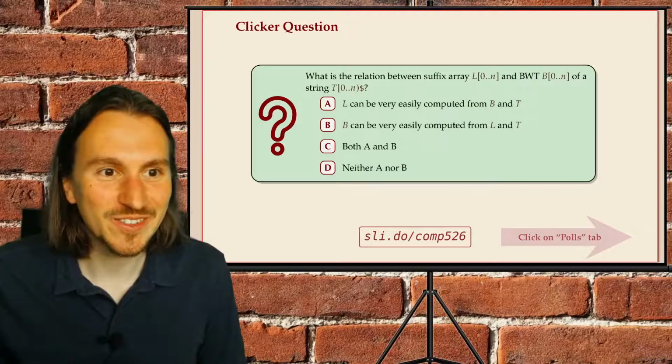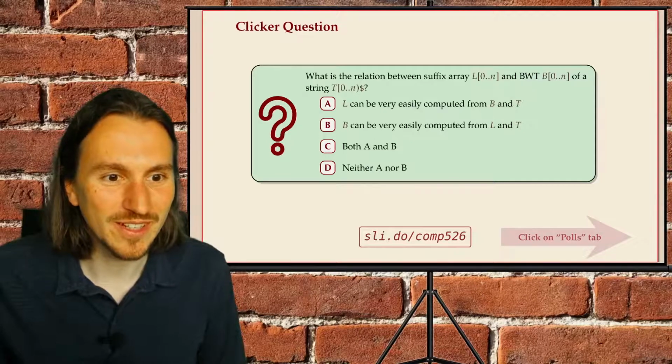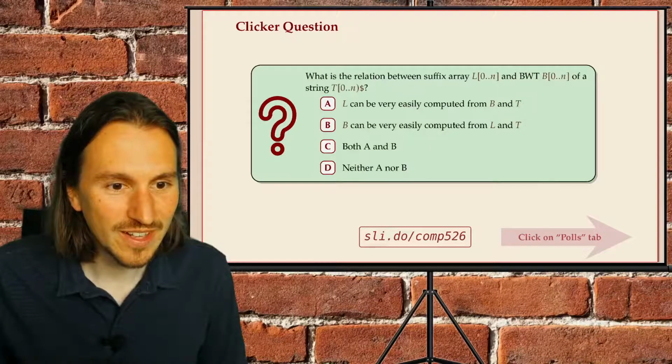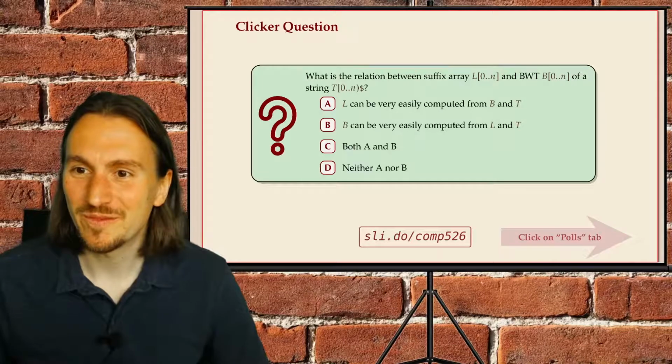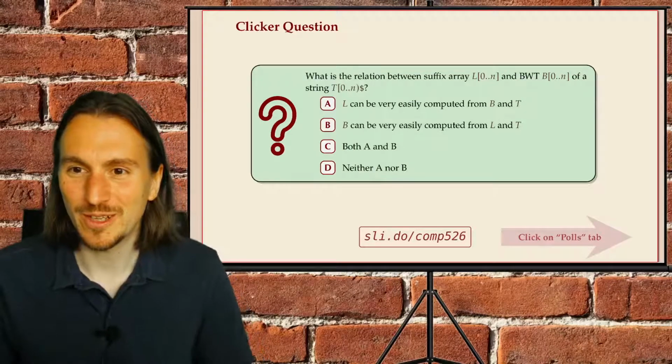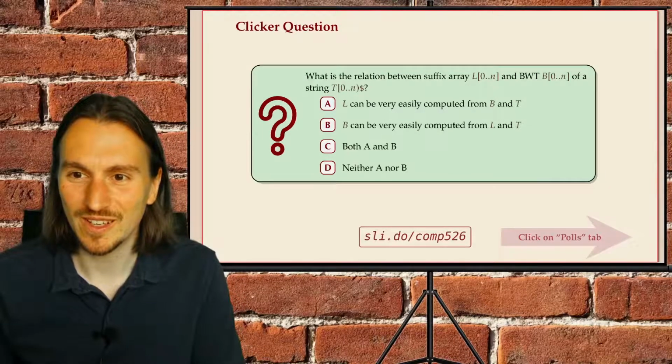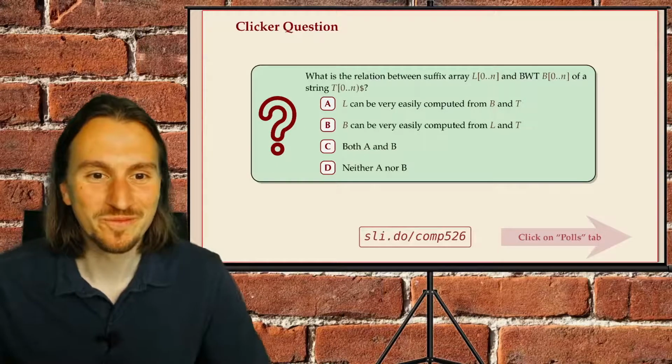Now, I want to get you thinking a little bit, and in case this wasn't already on your mind, I want you to think about the relation between BWT and suffix arrays.